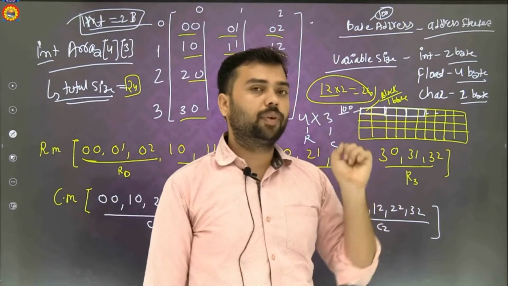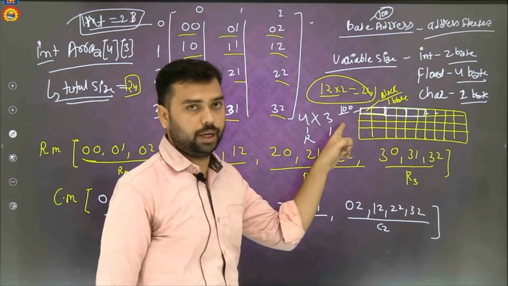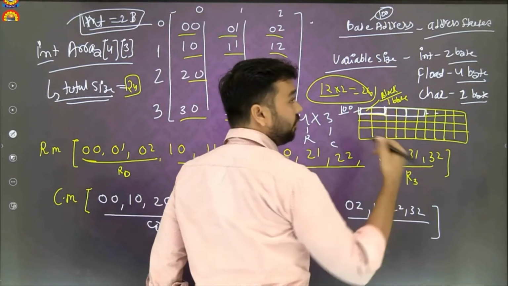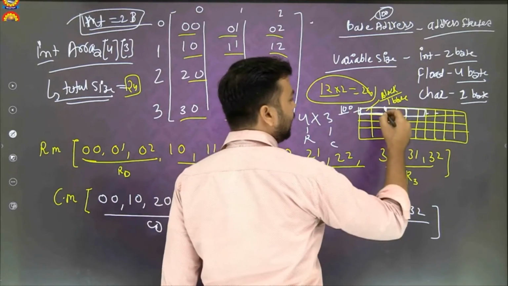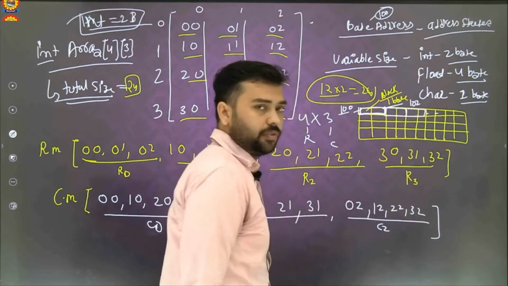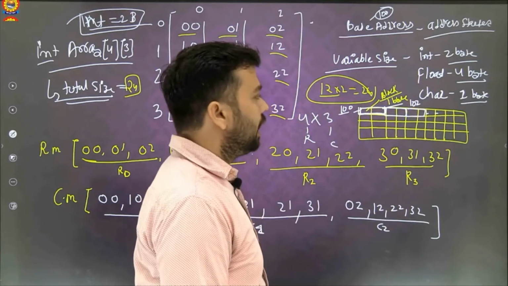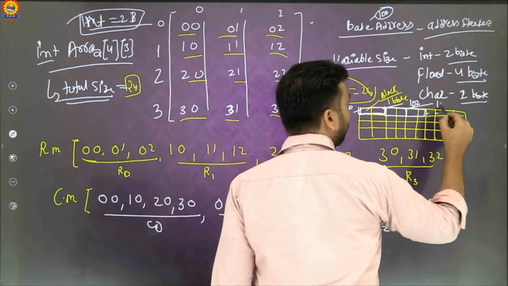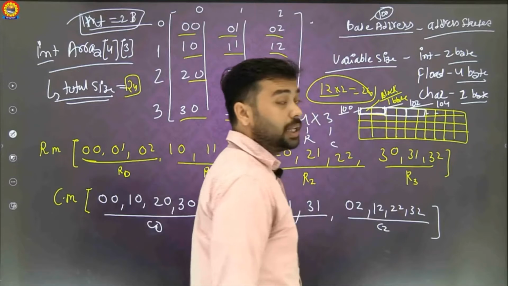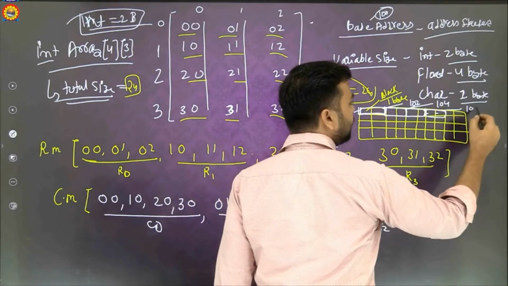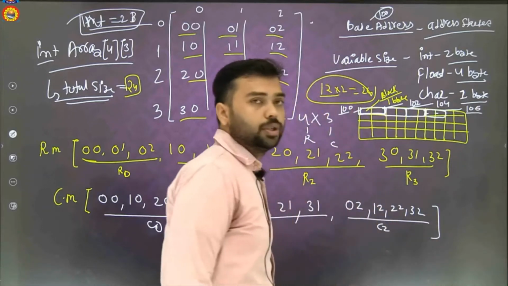The address of the first element will start from 100. Then it takes 2 bytes. So what is the address of the next element? The next element address will be 102. Then the address of the next element will be 104. And what is the address of the next element? Again the next element address will be 106. So how?